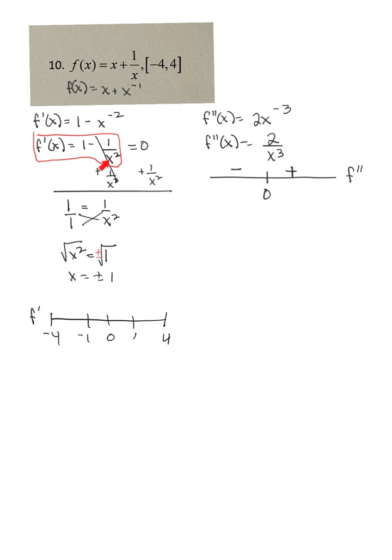So if I put -2 in here, -2 squared is +4. So that makes this 1/4, right? 1 minus 1/4. Is that a positive number or is that a negative number? So then that would be a positive. Okay, so why don't you pause and try the rest of them and see how you do.